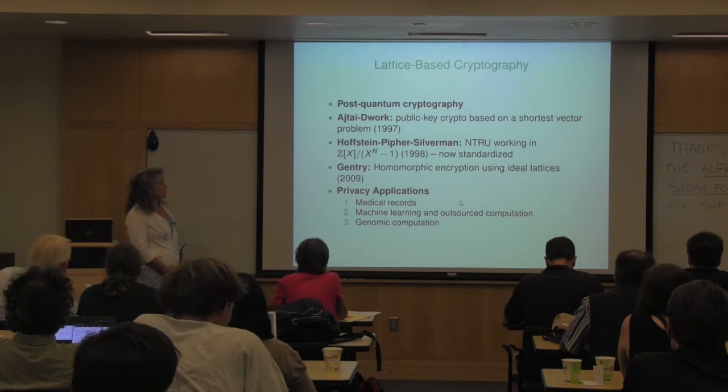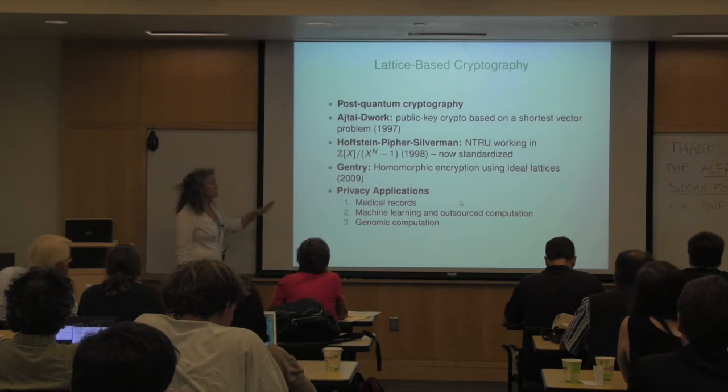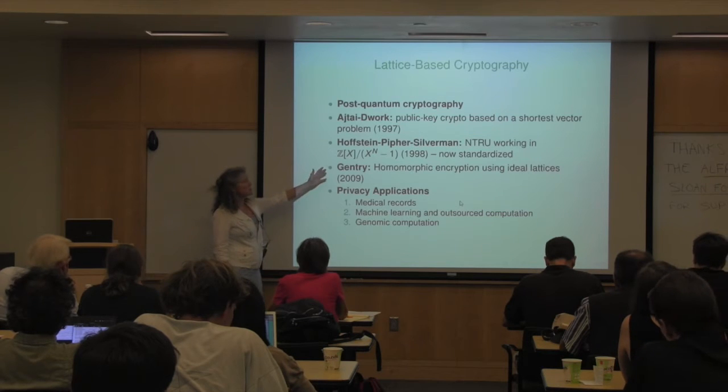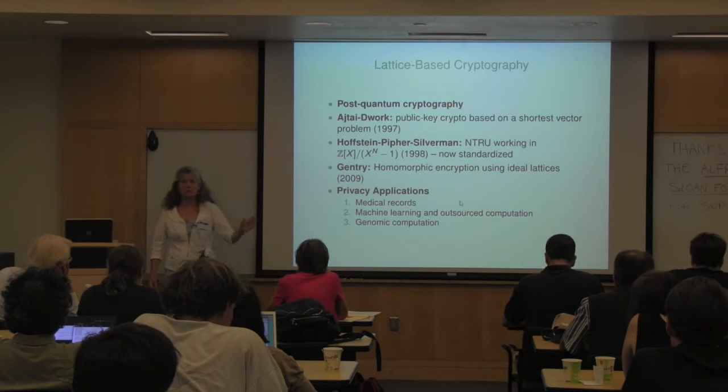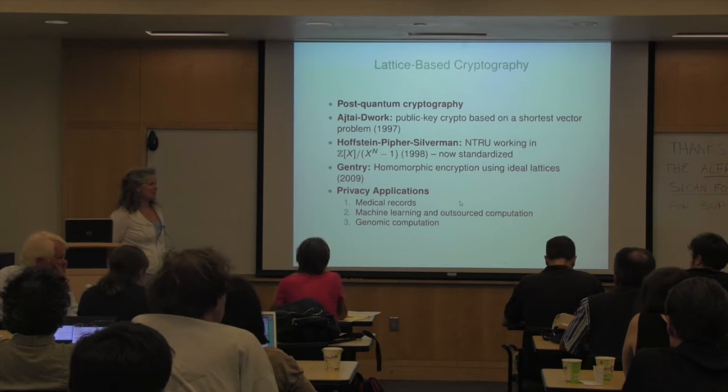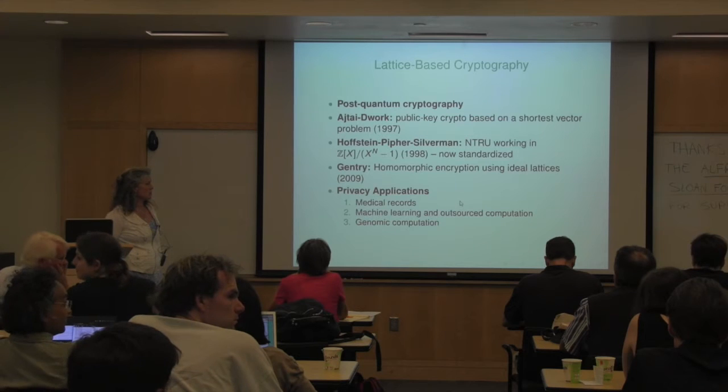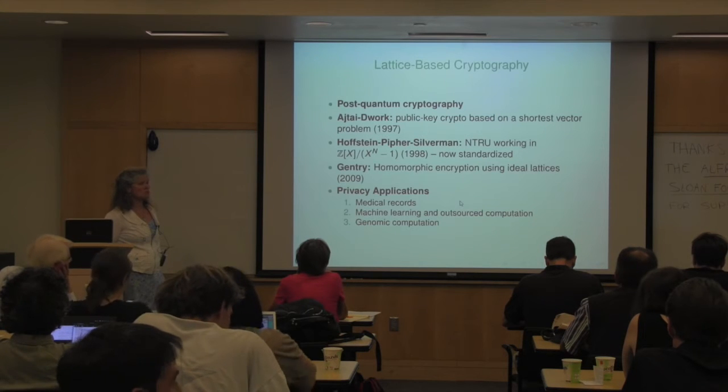Then zooming forward to things that are of great interest to me and current applications. In 2009, we had the breakthrough from Craig Gentry's work on constructing homomorphic encryption using ideal lattices.